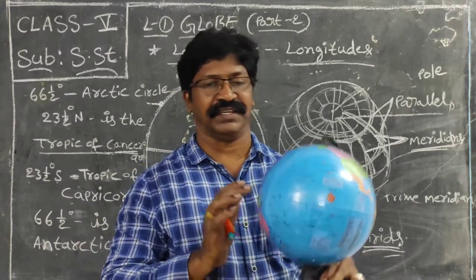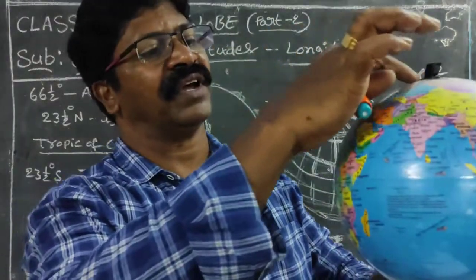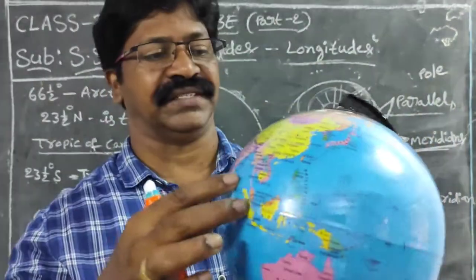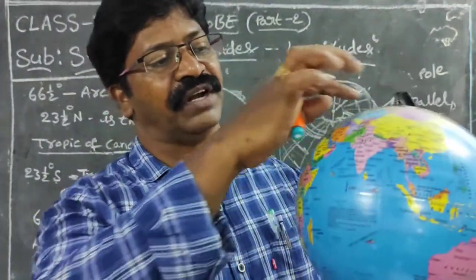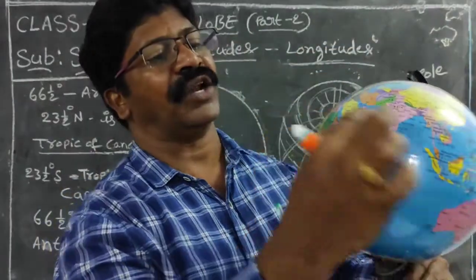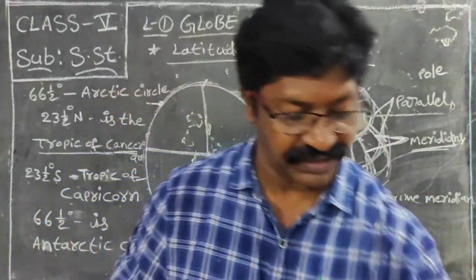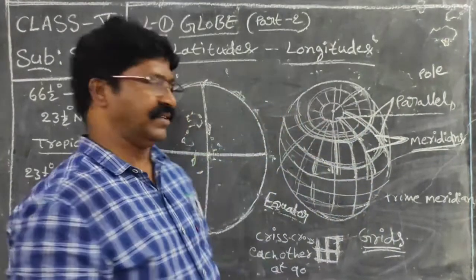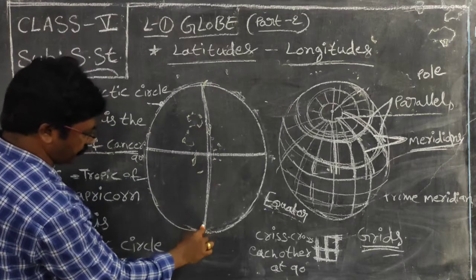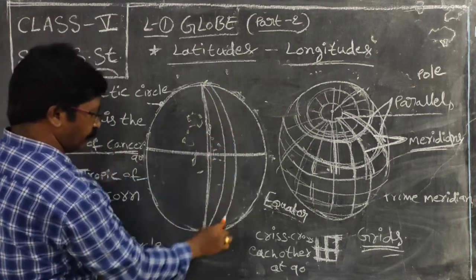Now, if you observe the globe closely, you can see some lines. These are called imaginary lines. Two types of lines you will find on the globe: vertical lines and horizontal lines.